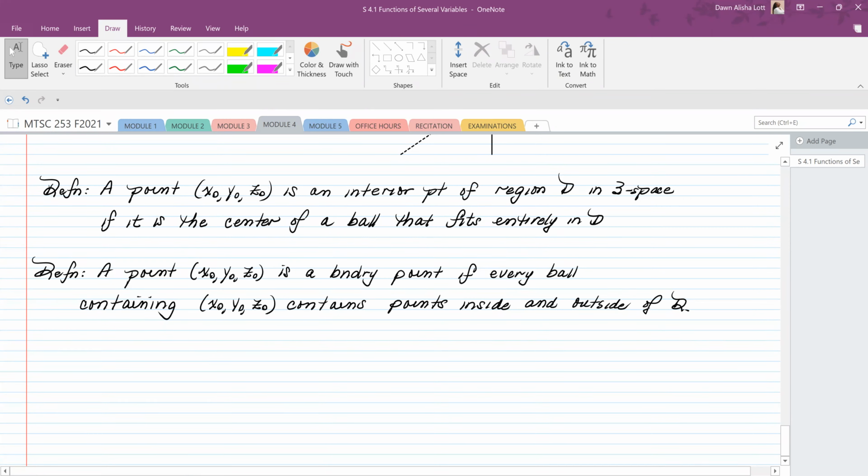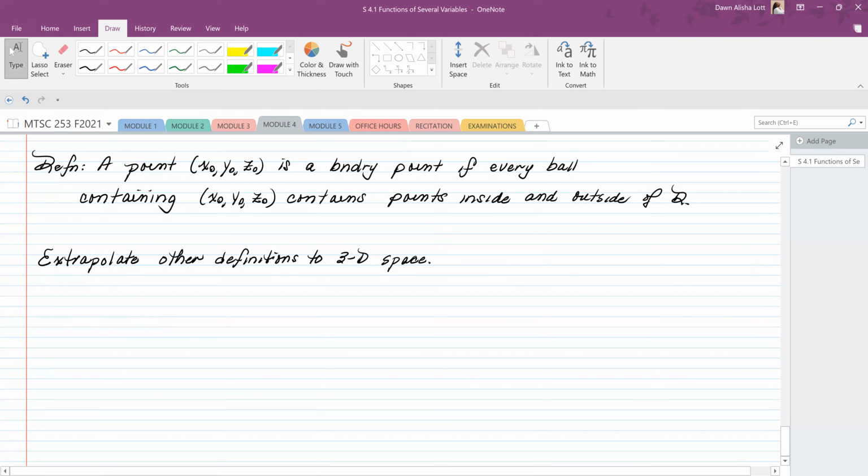And level curves are actually pretty cool. I like level curves. Okay, definition.